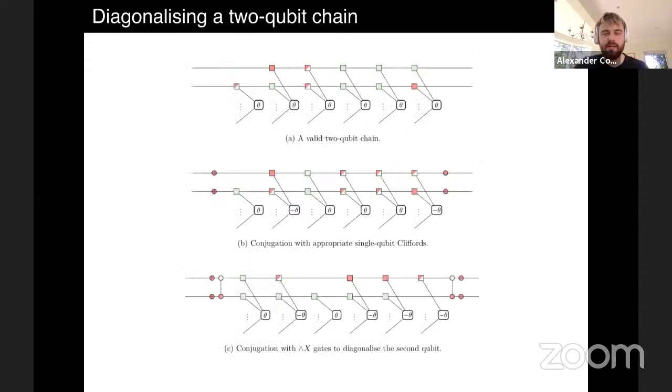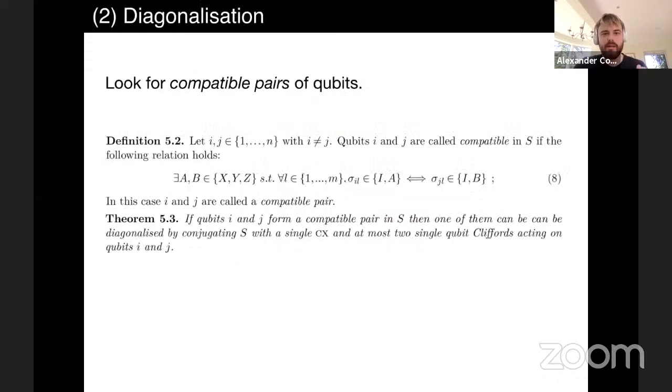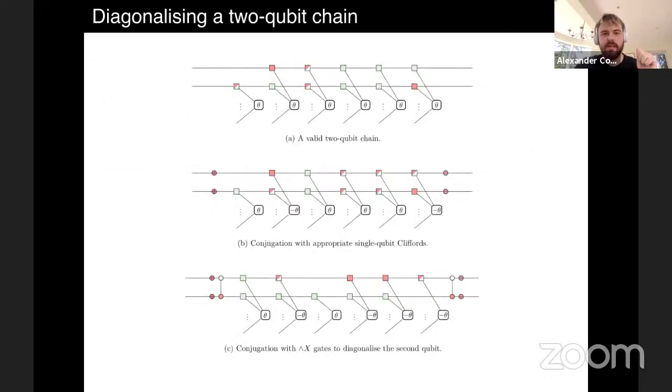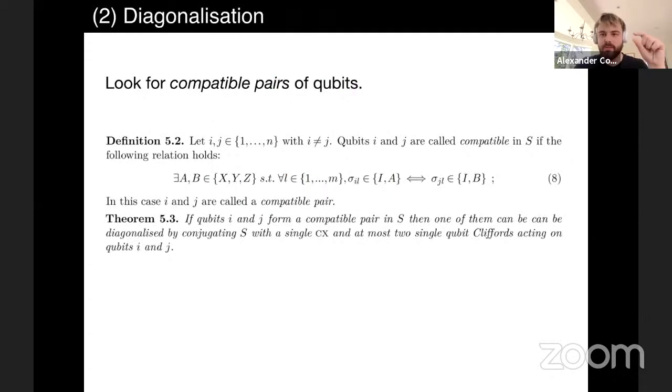And we can see this by noting that if you check on each gadget what Pauli we have, then you can find an A and a B that satisfies this compatibility. And in this case, the A and B that satisfies this is Y for both A and B.